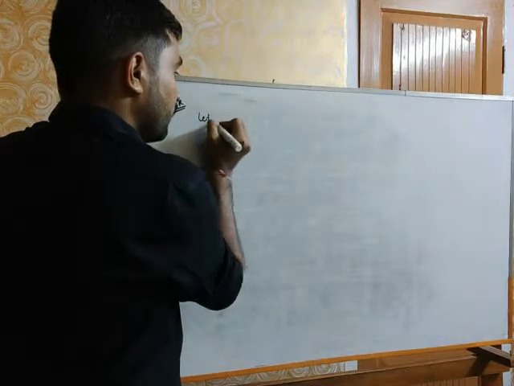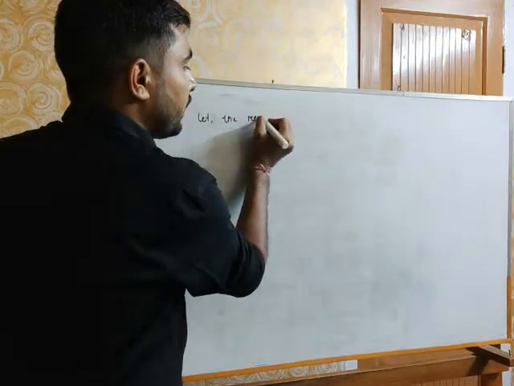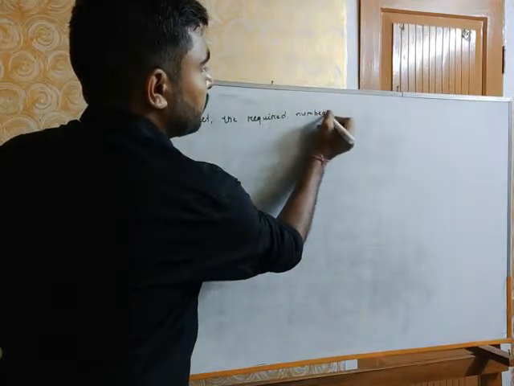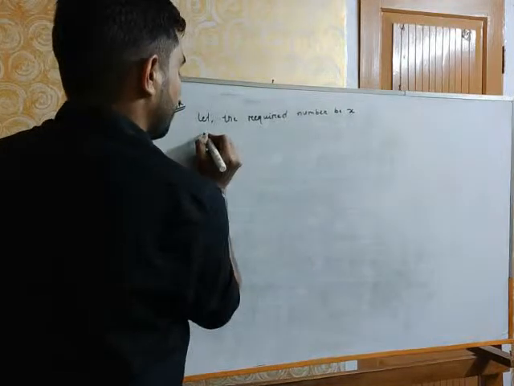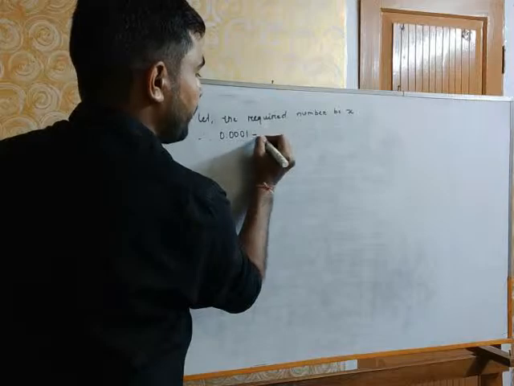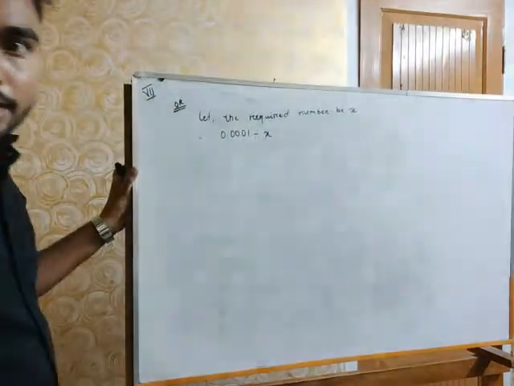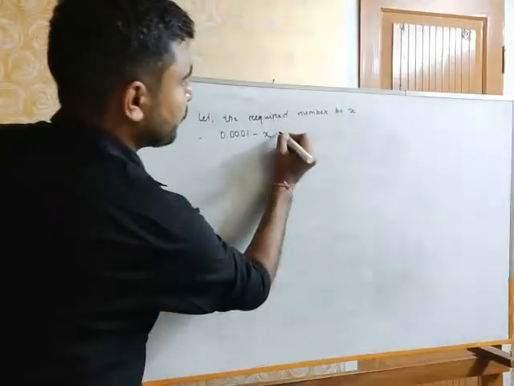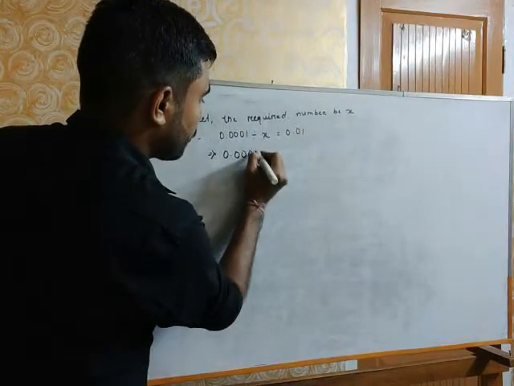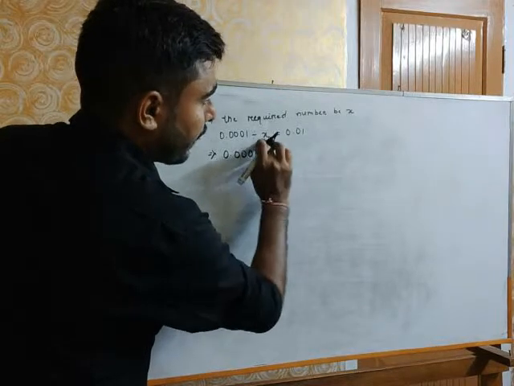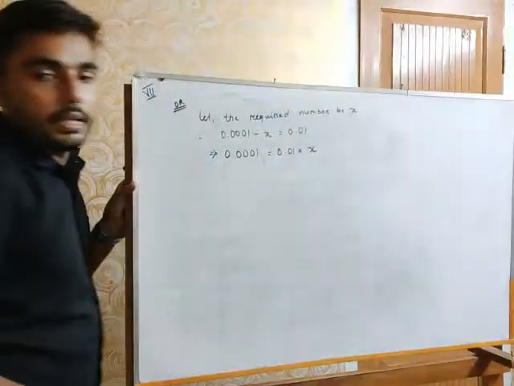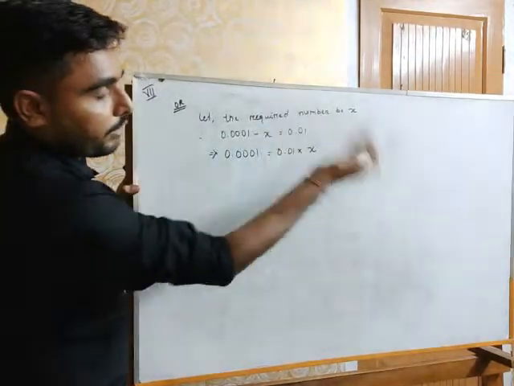Let the required number be x. Therefore, by what number should 0.0001 be divided? The number by which it is divided, we take as x. 0.0001 divided by x gives you 0.01. Now if x is dividing on this side, on the other side it will be multiplied.